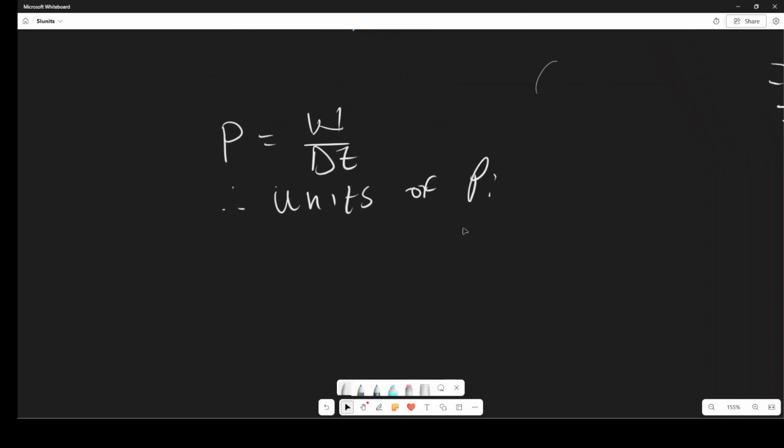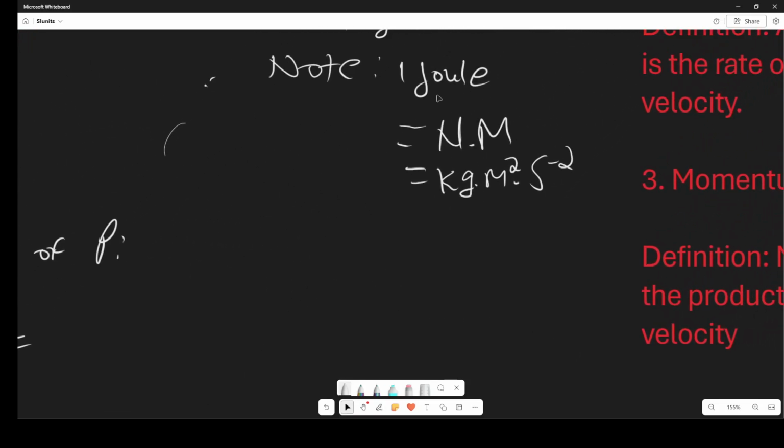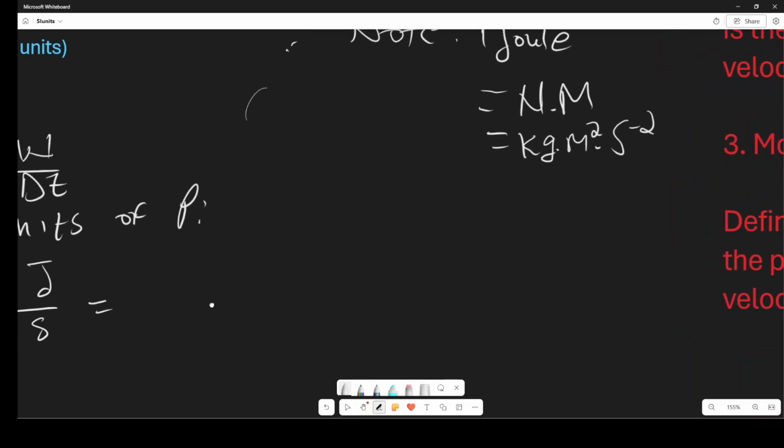Well, that's just 1 joule over 1 second. Okay, but in terms of base units, we've determined that 1 joule is Newton times meter, which is kilogram square meter per square second.